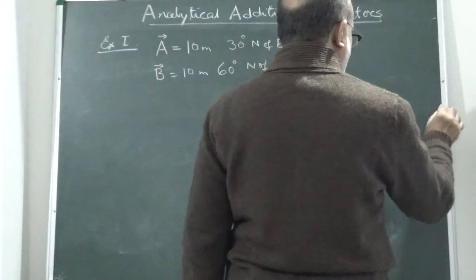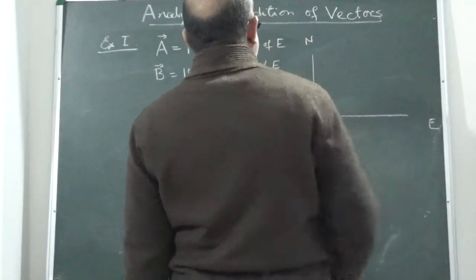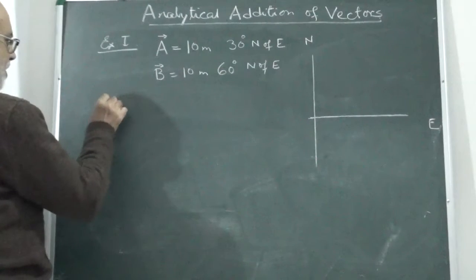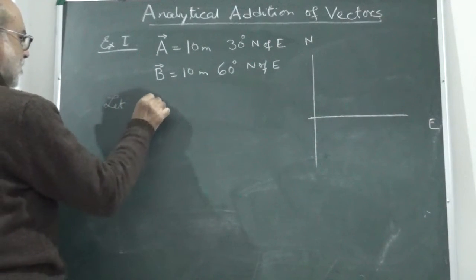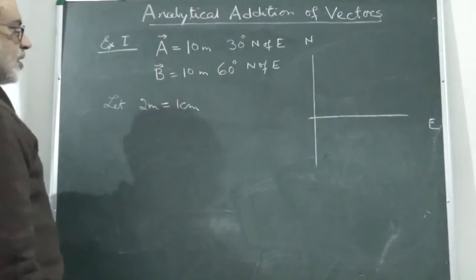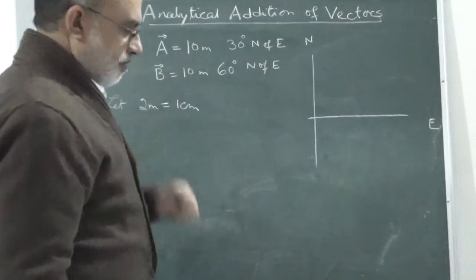First convert it into a suitable scale. Let 2 meter be equal to 1 centimeter. It means a 5 centimeter line will represent this vector.